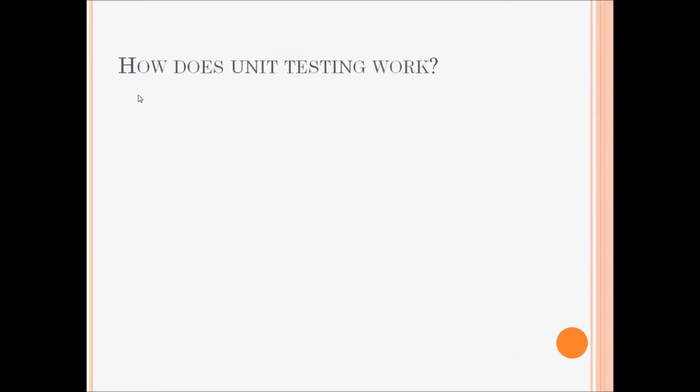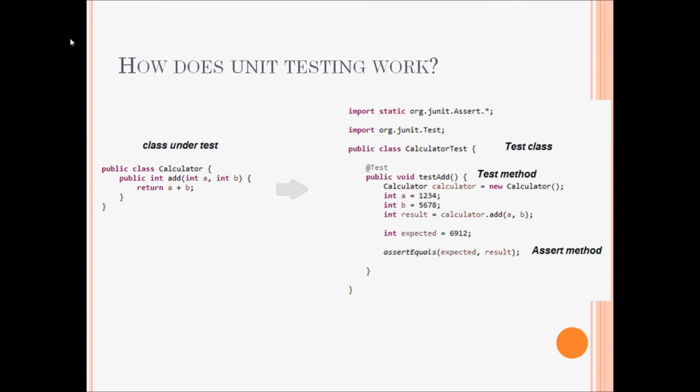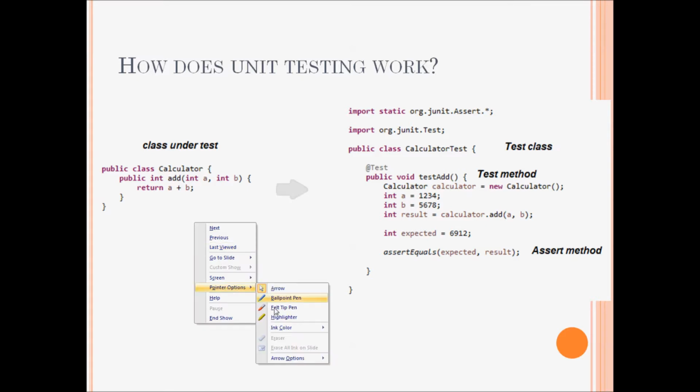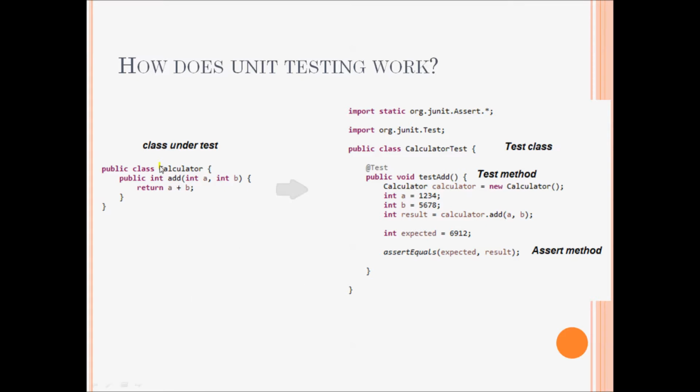So, how does unit testing work? Here's an example that helps you understand. On the right is a normal business class. You see this class Calculator. This class is called the class under test, and this class has a method add.